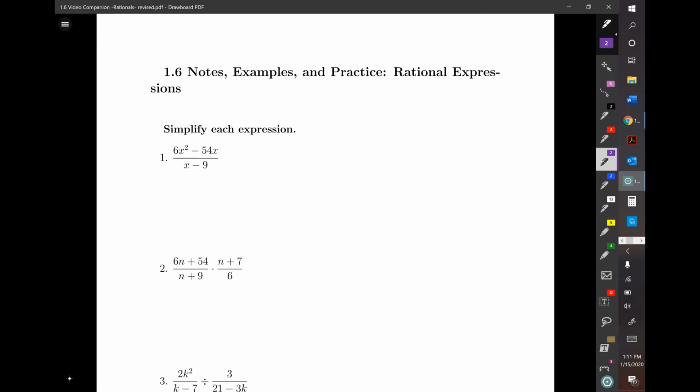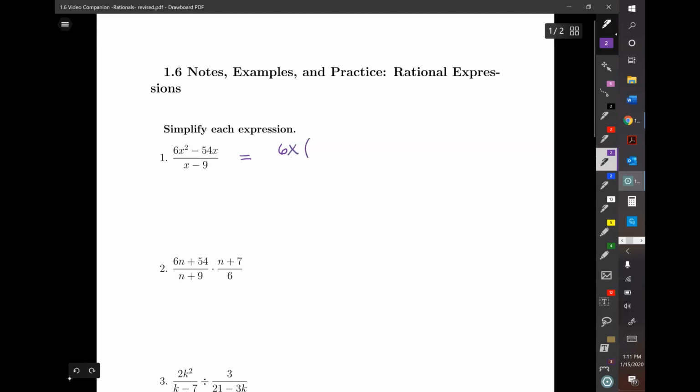That sometimes happens. So if I have the numerator 6x squared minus 54x, I would simplify that by factoring out a 6. I also can actually factor out an x.